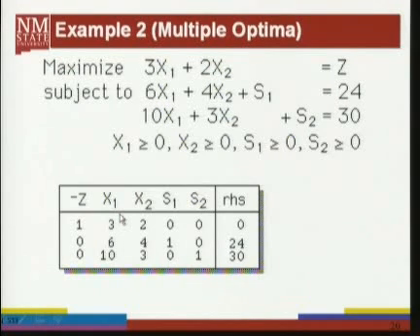Based on this, what do we have as basic variables? Negative g, S1, and S2, right?